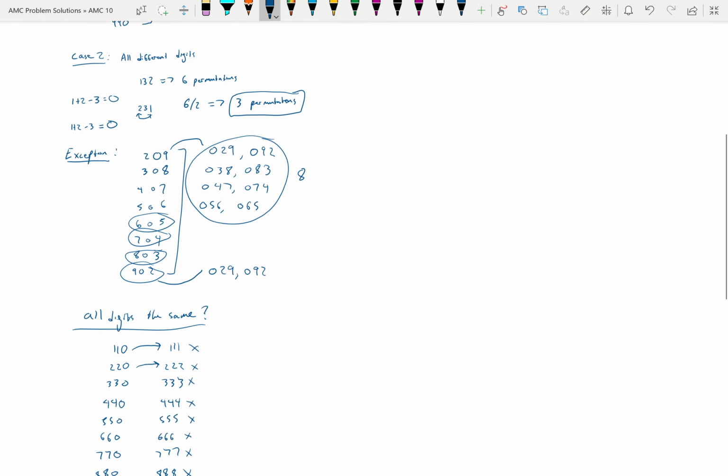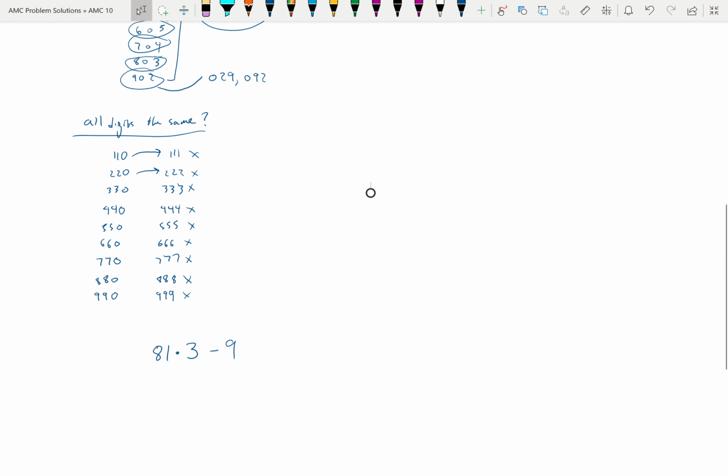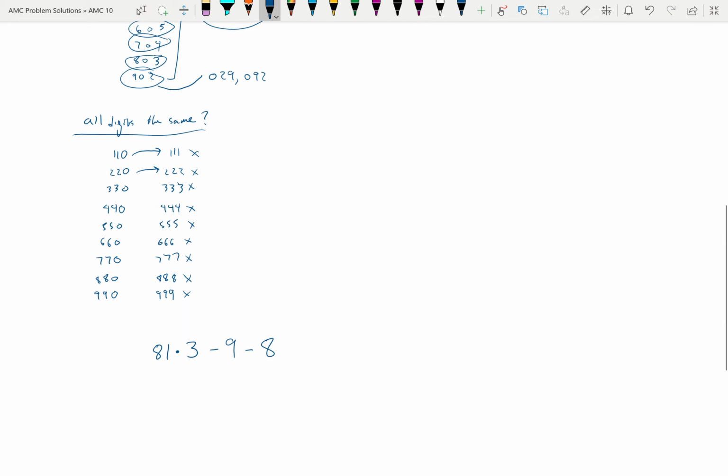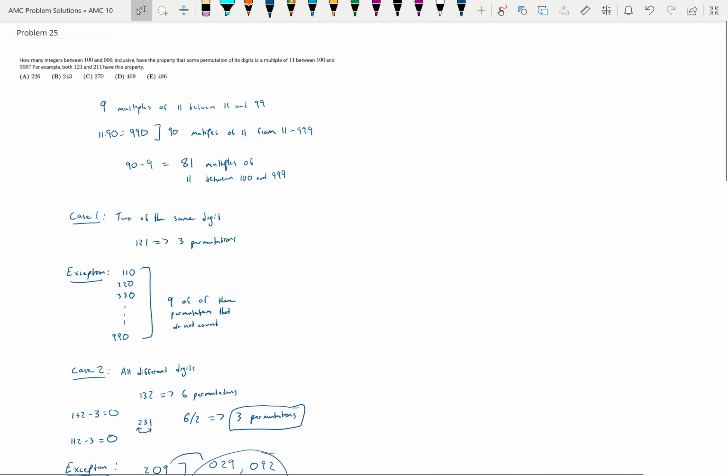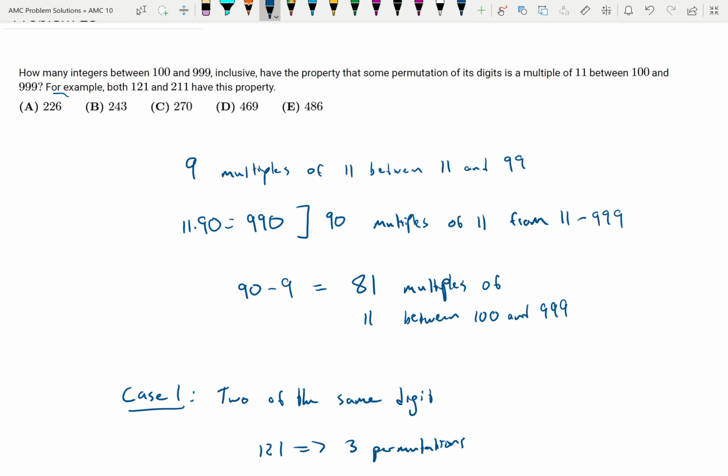And we're going to subtract the 8 numbers we found in the exception for case 2. So minus 8. So when you do that, we get 243 minus 17, which is 226. So there are 226 integers between 100 and 999 inclusive that have this property. So the answer is choice A.